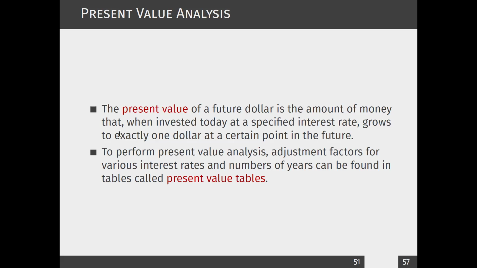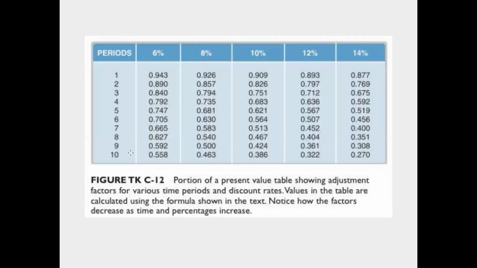That's exactly what we are going to do. So we are going to look at the future values in today's terms on a table, like present value tables. Now let me explain the present value table.